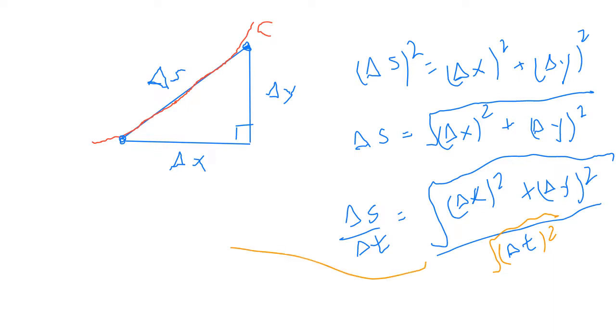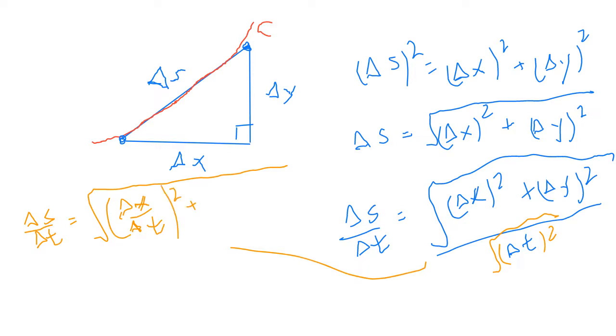So this means then that delta S divided by delta T is equal to the square root of delta X over delta T squared plus delta Y over delta T squared, right?